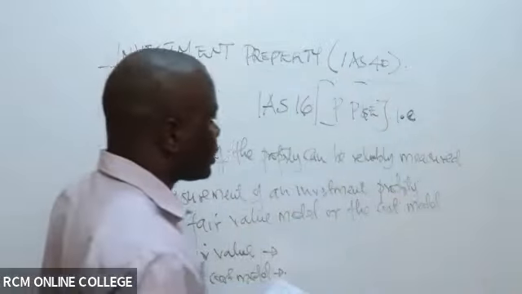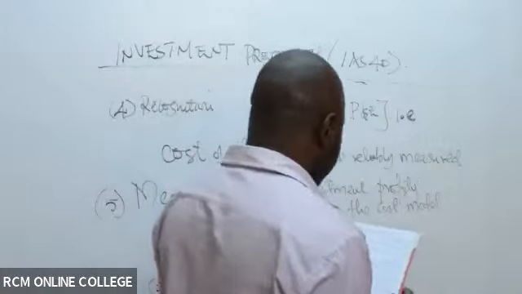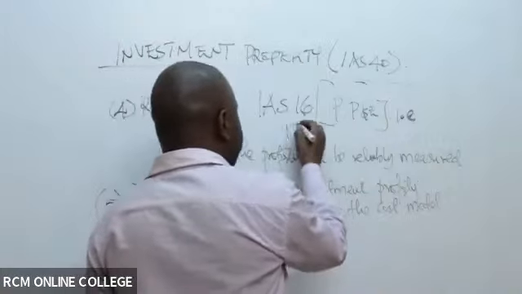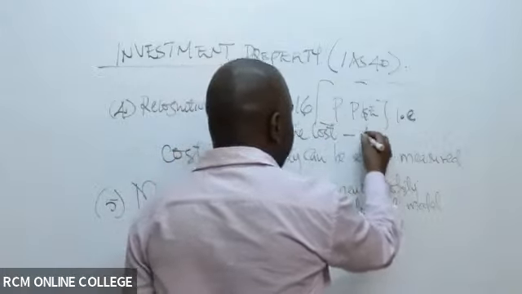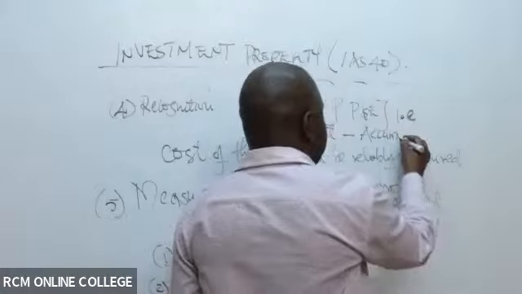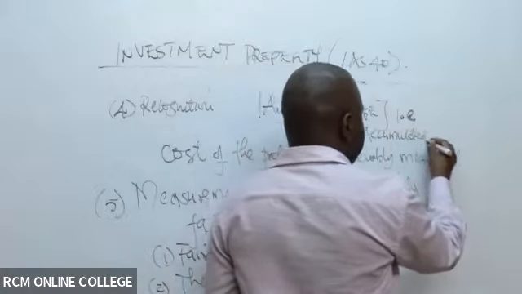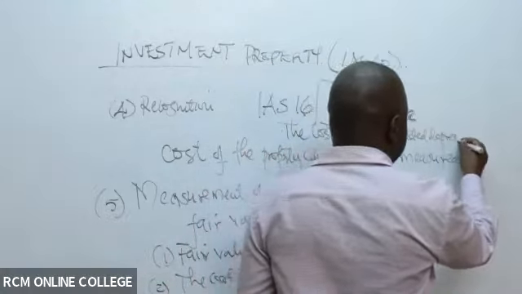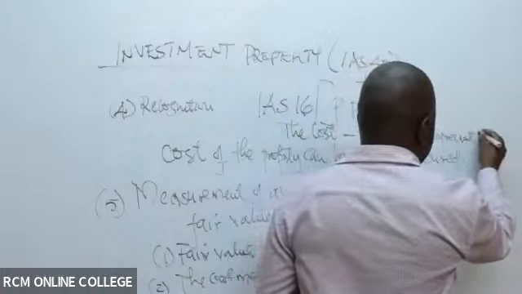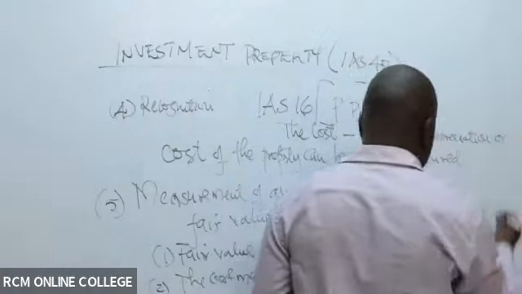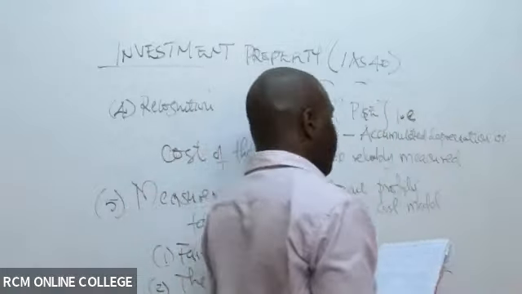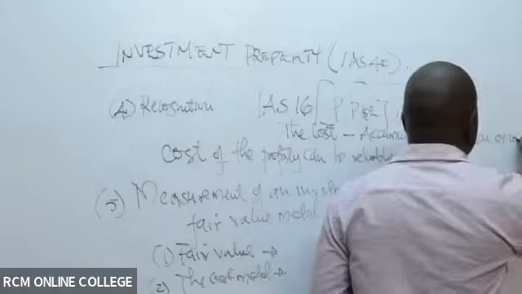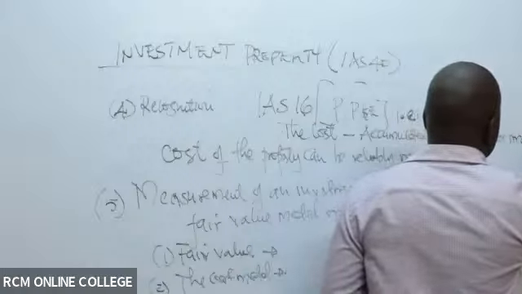The cost less accumulated depreciation, i.e. the cost of these assets, less accumulated depreciation or impairment loss.